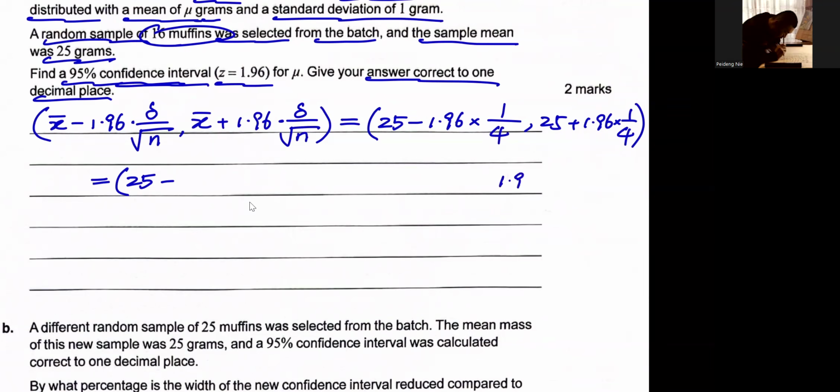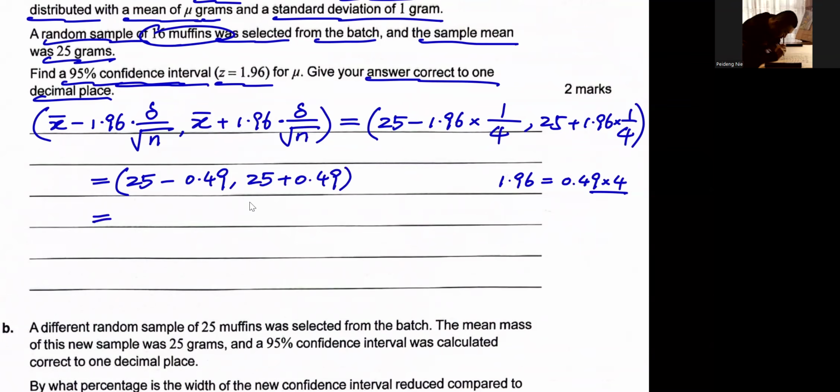If I divide 1.96 by 4, that will give me 0.49. And the other side will be 25 plus 0.49. Yep, that makes much more sense.